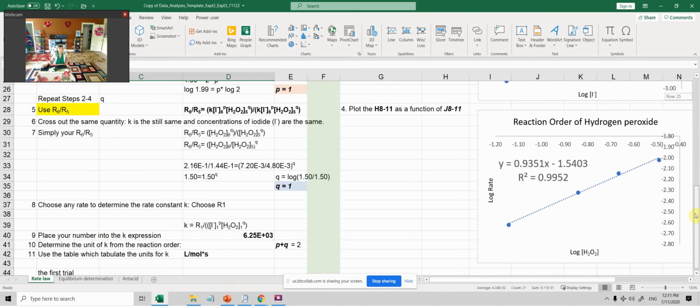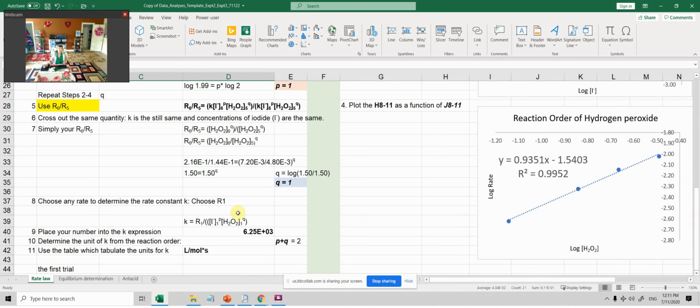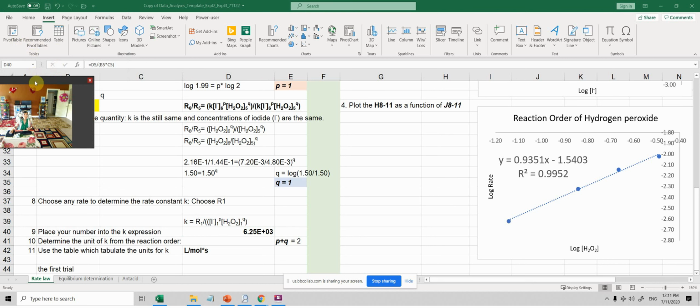So in my case, I just showcase, we calculate K using your R1, concentration 1. Again, you simply replace your numbers into your equation. In this case, put your numbers into your equation. Let me move above a little bit so you can see what I mean.